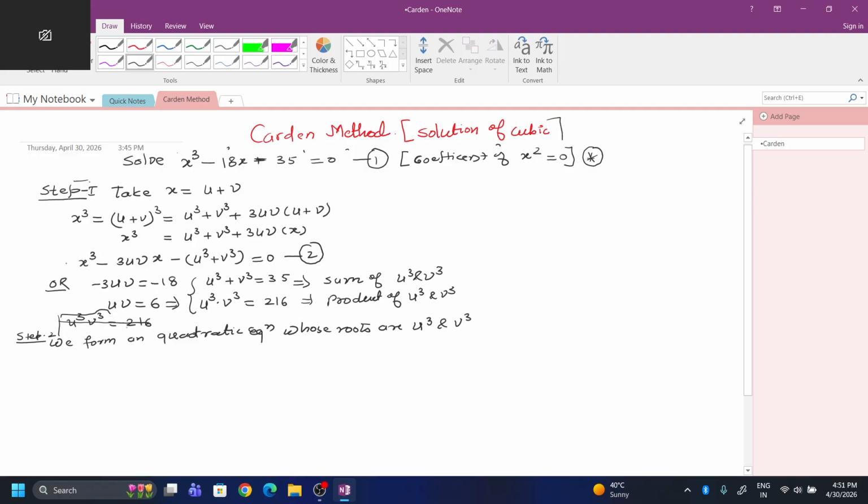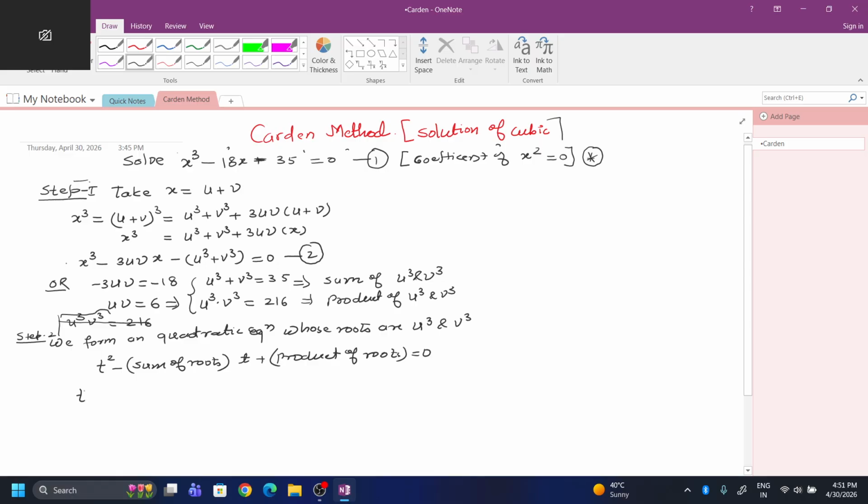So by using the concept of quadratic equations, with t as a variable, we get t square minus the sum of roots into t plus the product of roots is equal to 0.